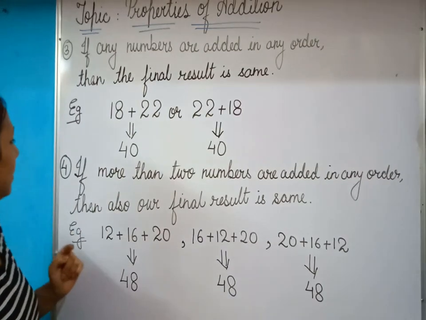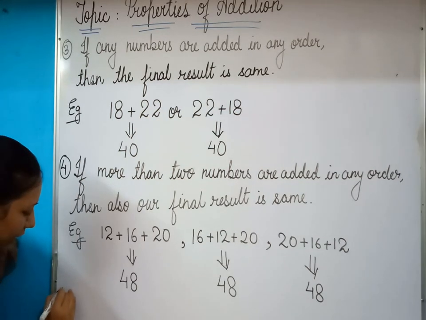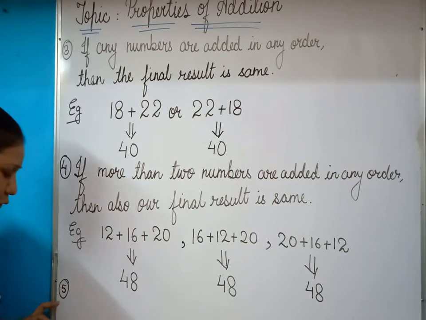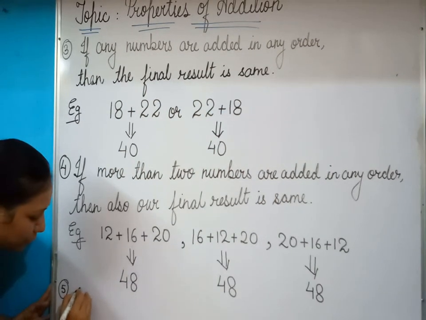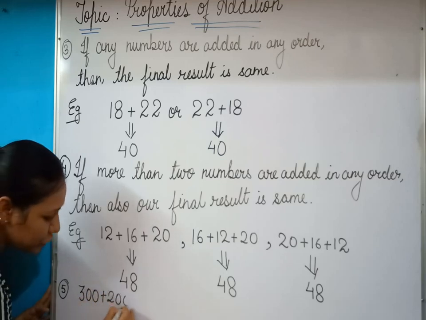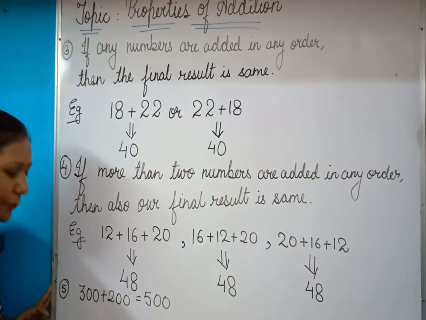Now, before ending this session, I would like to mention two more things. That is, you can give it as number 5. This is not a property, but you should know this term. Like if I am adding two values, suppose I am adding 300 plus 200. The answer is 500.